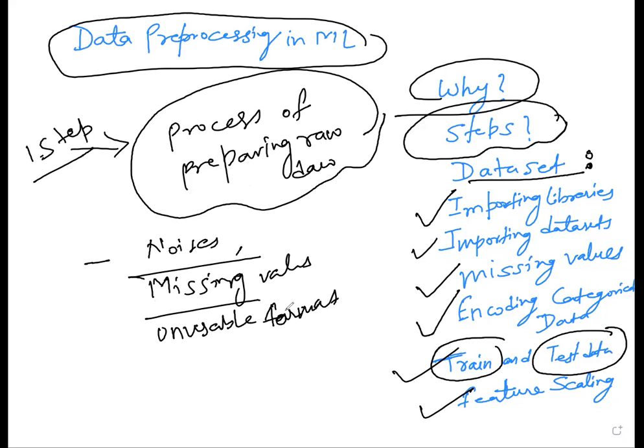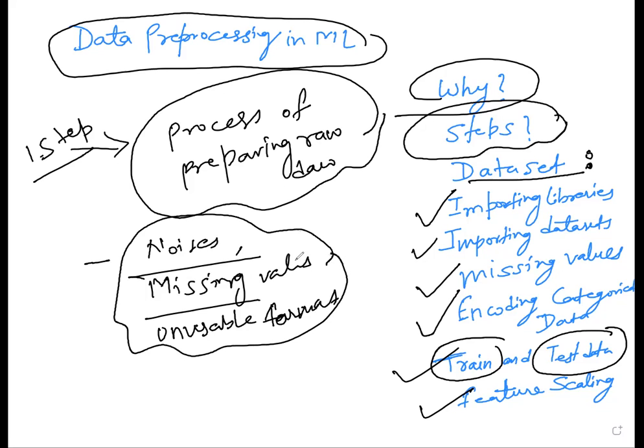Okay, so if this kind of data is there in your data set, then we cannot directly use it in the machine learning model. So for that resolution, we can use data pre-processing. So data pre-processing is a required task for cleaning the data and making it suitable for a machine learning model.